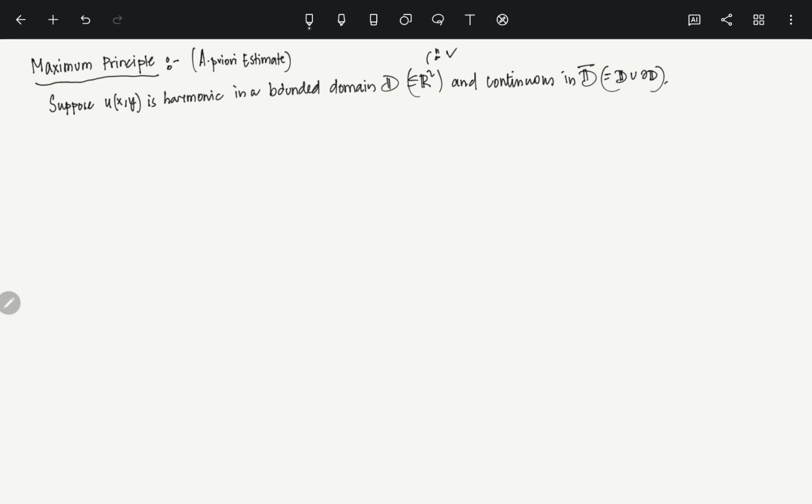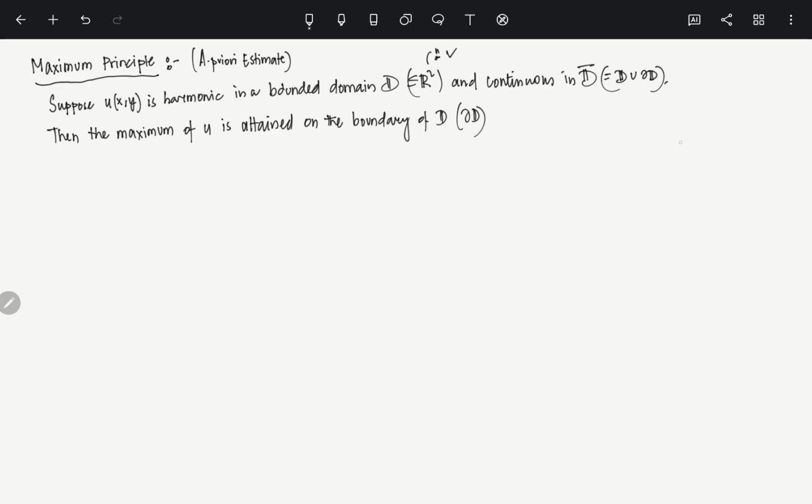Now the thing is this: then the maximum of u is attained on the boundary of D, which is nothing but del D.